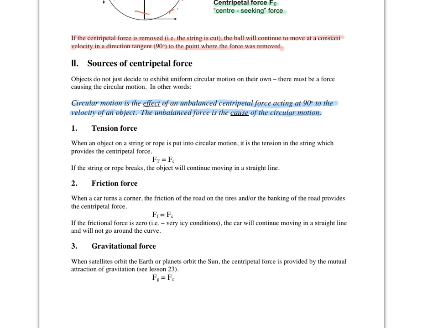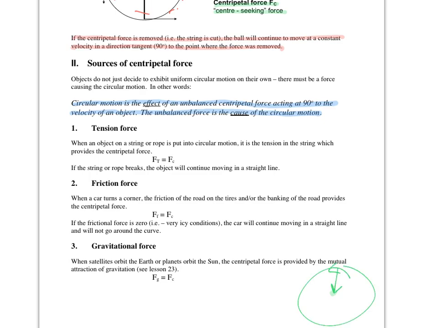I like to just skip to gravitational force for the start here. When anything orbits the Earth or planets are orbiting the sun, the centripetal force, the force that is keeping them in the circle or their orbit, let's assume they're all circular, is the gravitational attraction. So objects will orbit Earth because of Earth's gravity.